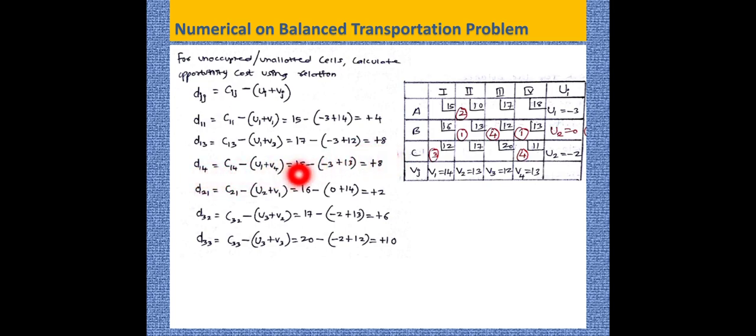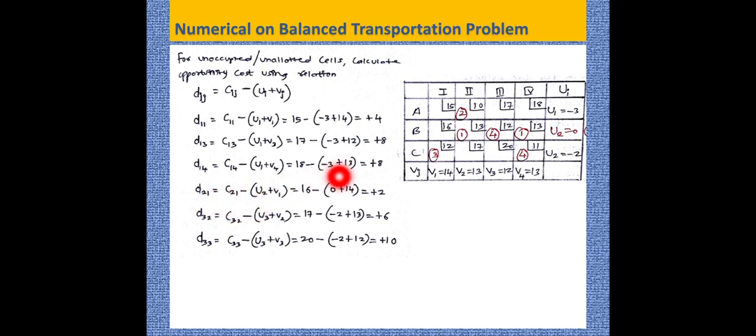Similarly, D14 is equal to C14 minus (U1 plus V4), that is 18 minus (minus 3 plus 13), so again I am getting plus 8.